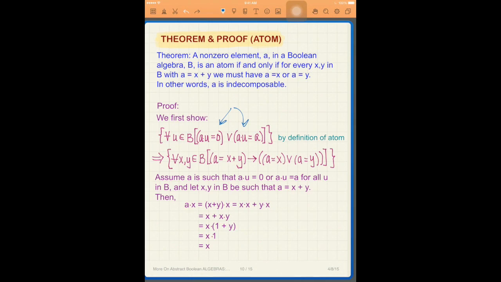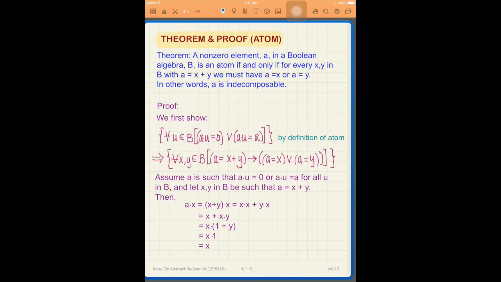So let's look at, and that's for a finite Boolean algebra. Any finite Boolean algebra does have a basis, and those elements are called atoms in the basis, and they generate the rest of that finite Boolean algebra.